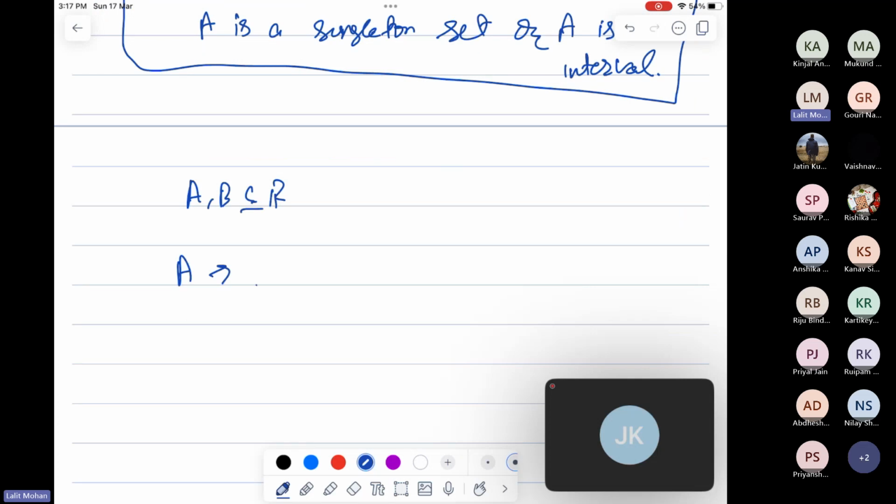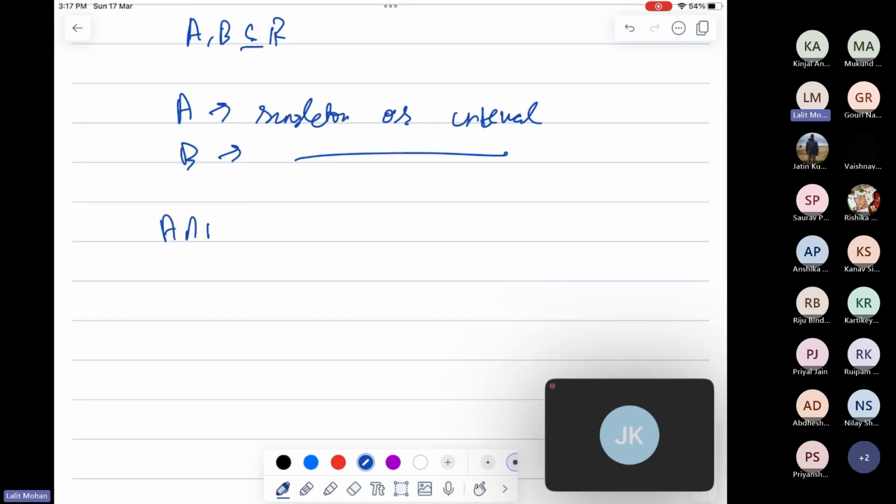It means A can be a singleton or an interval, and similarly for B. So A intersection B, what are the possibilities of A intersection B? Can anyone tell me now?